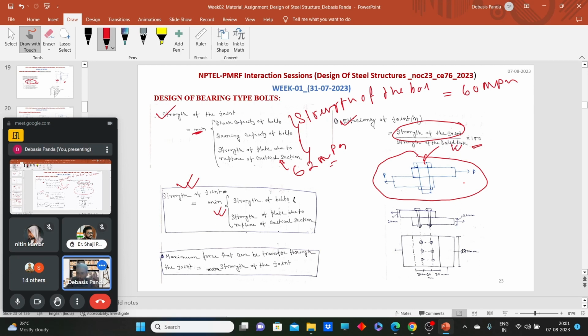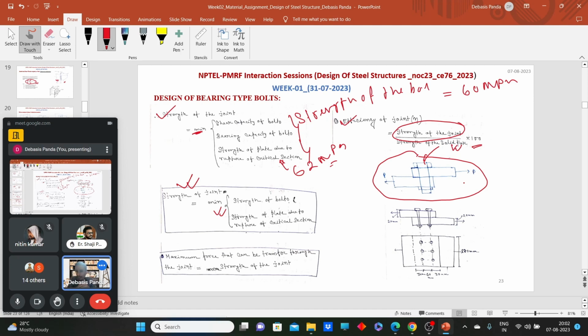Okay, so let's quickly solve some examples. Till now, if you have any doubts or queries, you can ask me, or we will quickly solve some examples, then we will go to frictional type bolts. So till now, is it clear what I am trying to say?